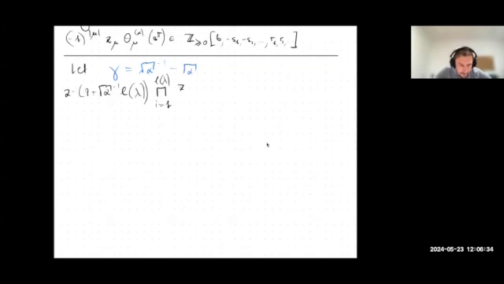I take this function, and what I want to do is expand this function around z equal to infinity.